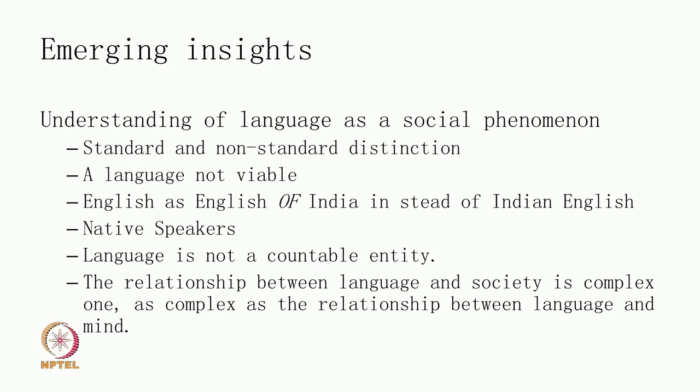These things help us understand, as emerging insights, that we need to redefine the notion of native speakers. A native speaker of a language could be anyone, and for anyone, any language could be a native language. We only need to understand how we acquire language. Language, therefore, is not a countable entity. It comes out very emphatically in understanding everything else that we have done so far.